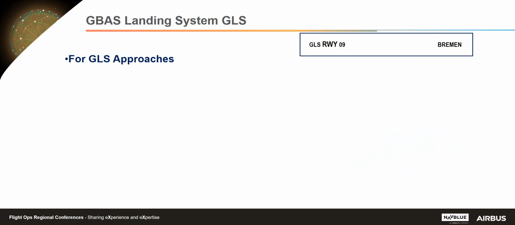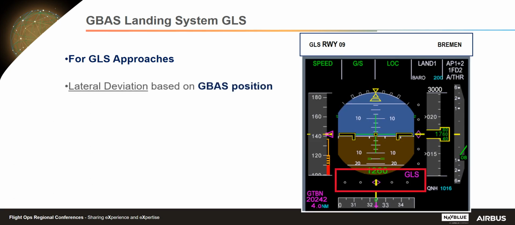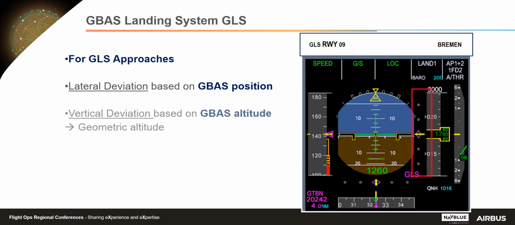So, GLS deviation are computing using the current GBAS augmented position, the current GBAS augmented altitude, and this is the important point, it is a geometric altitude, so not sensitive to temperature or QNH setting.